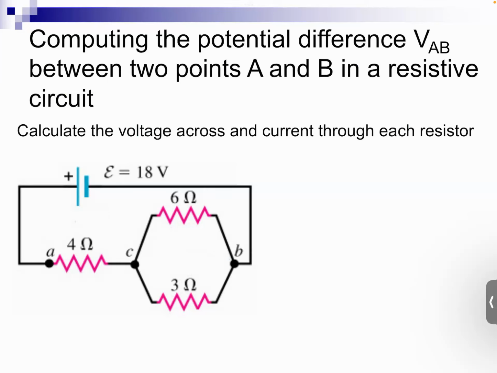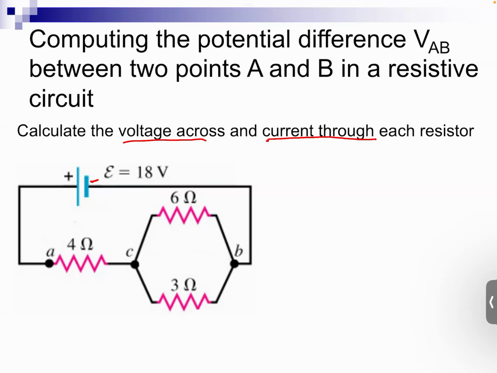So here you have the 3 resistors in the configuration you saw in the earlier slides, but this time we connect the resistor connections to a voltage source, an 18-volt battery. The positive terminal is indicated by the long side and the negative terminal, of course, by the short side. We want to calculate the voltage across each of the resistors and then the current through each of the resistors.